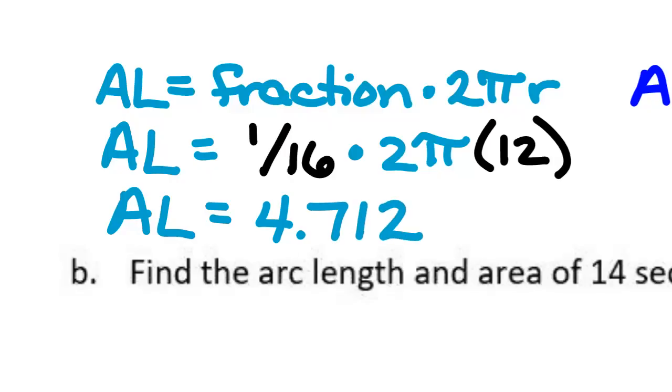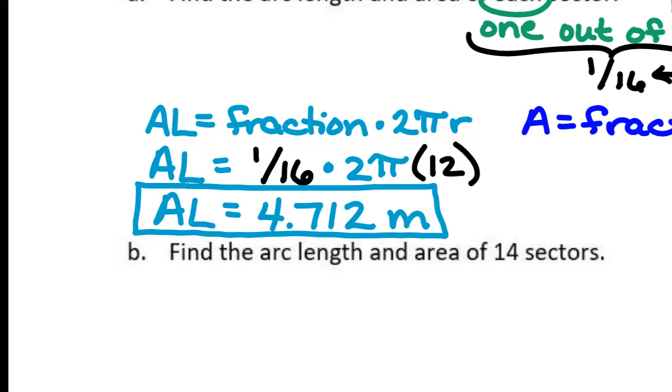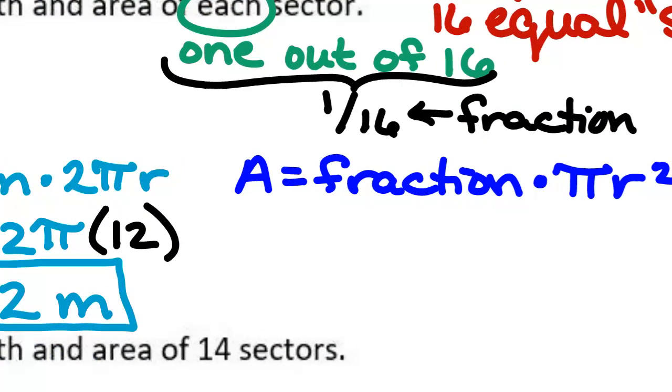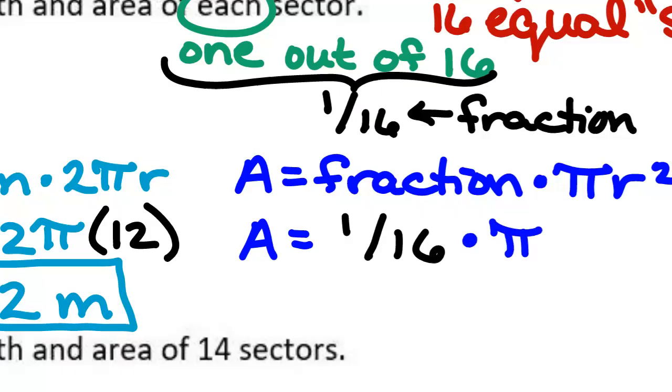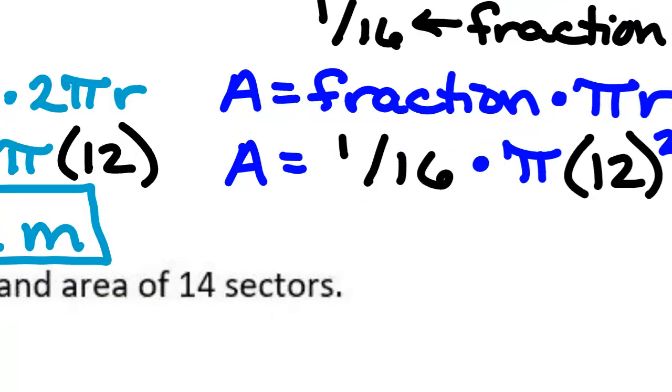4.712. Should we put units with that? What units? Meters. All right, and then we have area. We're still looking at 1 out of those 16 pieces, so my fraction is still 1 out of 16 times pi times the radius of 12 squared. 1 out of 16 times pi times 12 squared.